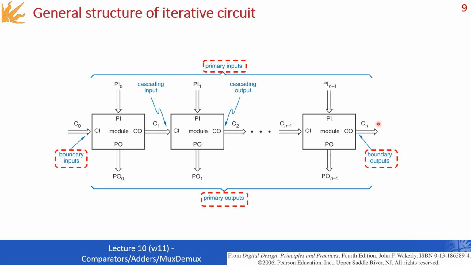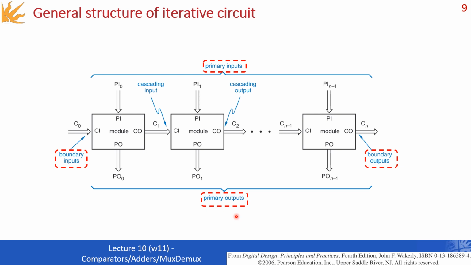Remember that in the previous lecture, we talked about 2's complement addition. One of the boundary outputs could have been, for instance, the possible overflow, which could be neglected or not. Besides this, you need primary inputs, which will yield primary outputs.